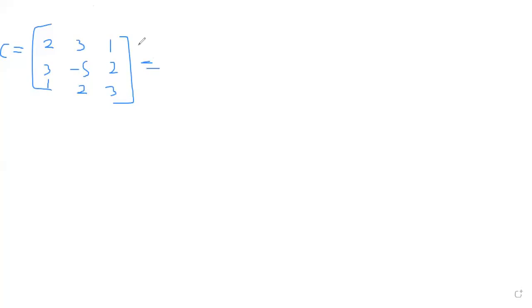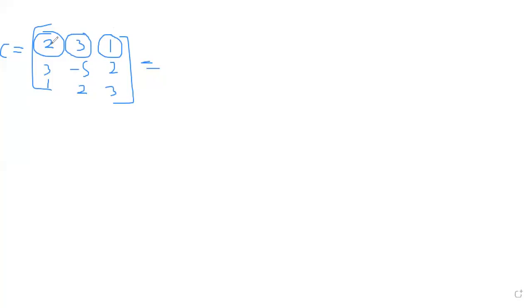This is what we do. You're going to select the elements up here, 1 by 1, and then we are going to create minor matrices by deleting their corresponding row and column.